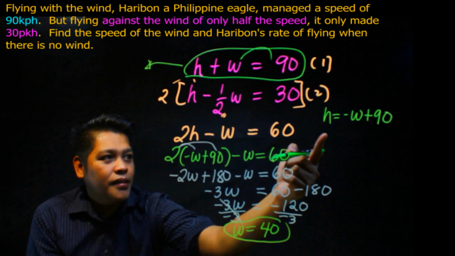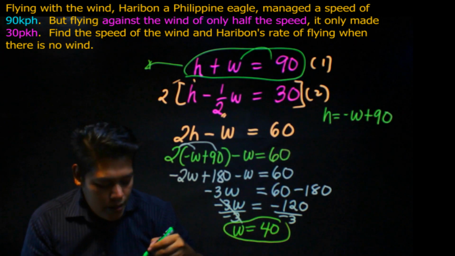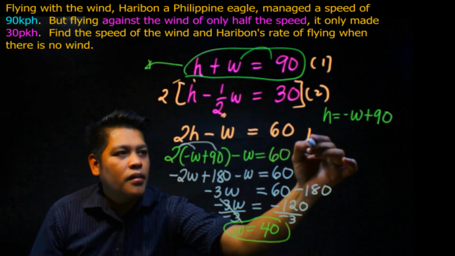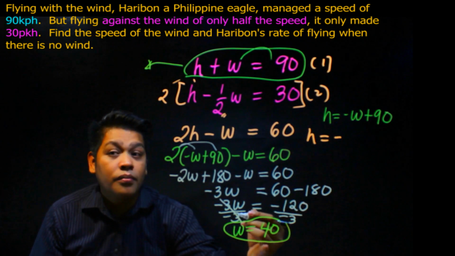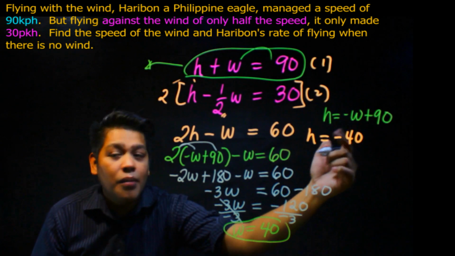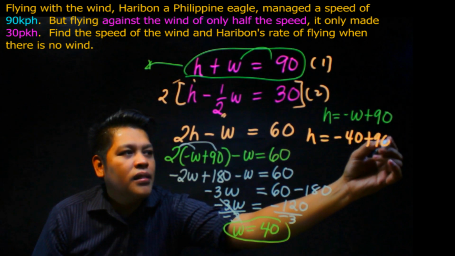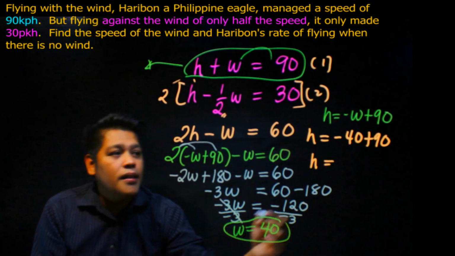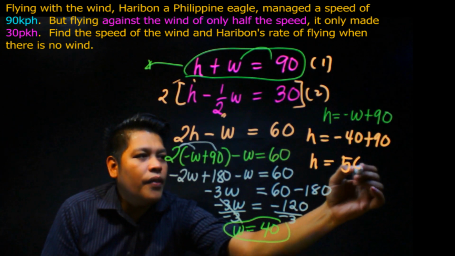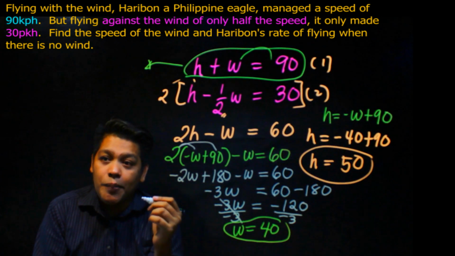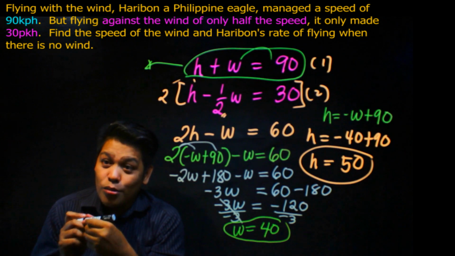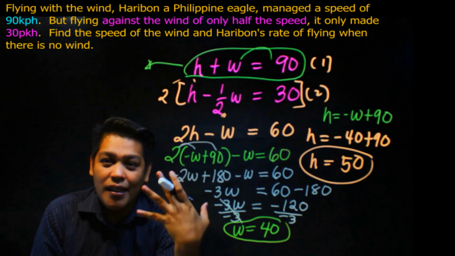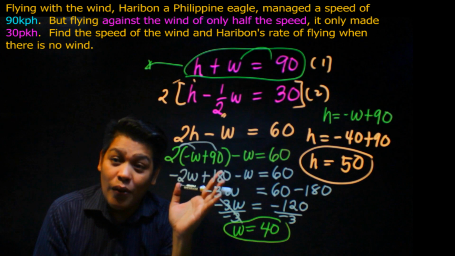Ito na lang, H. So, ibig sabihin, the H is negative 40, kasi W is 40, plus 90. So, H is negative 40 plus 90 is 50 kilometers per hour. So, ganon kabilis yung Haribon kapag nasa still air, walang katulong na hangin. Yung hangin natin ay 40.